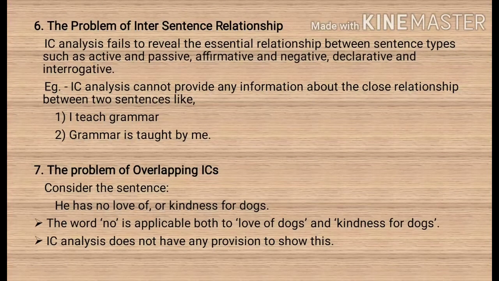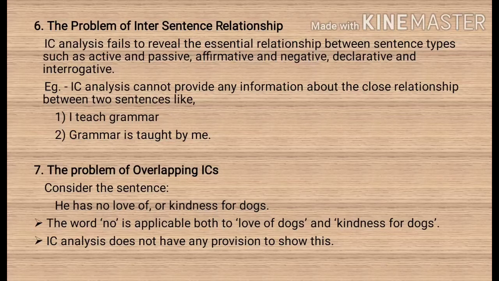Sixth one is the problem of inter-sentence relationship. IC analysis fails to reveal the essential relationship between sentence types such as active and passive, affirmative and negative, declarative and interrogative. Example, IC analysis cannot provide any information about the close relationship between two sentences like I teach grammar and grammar is taught by me.